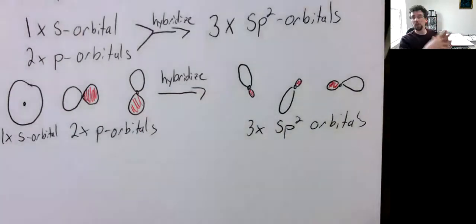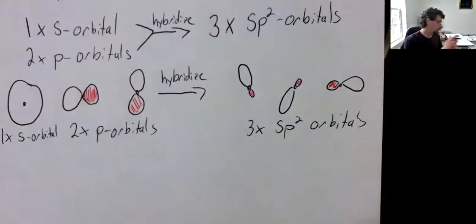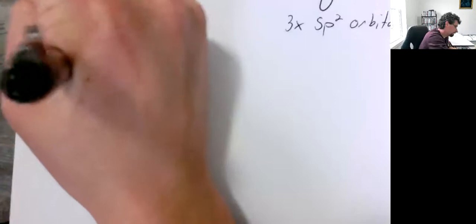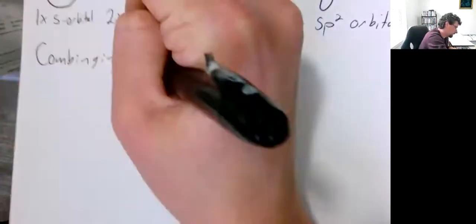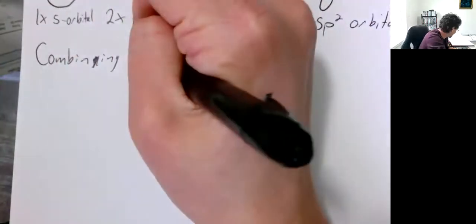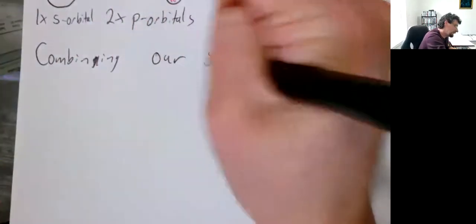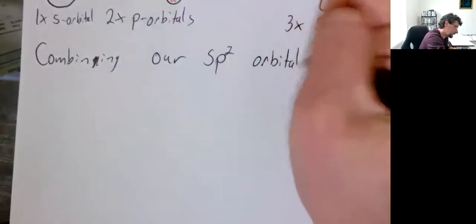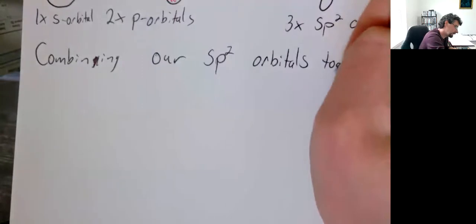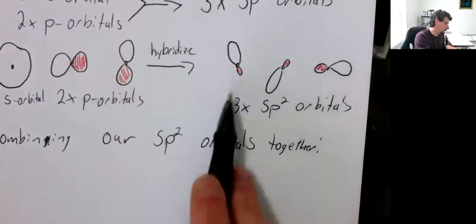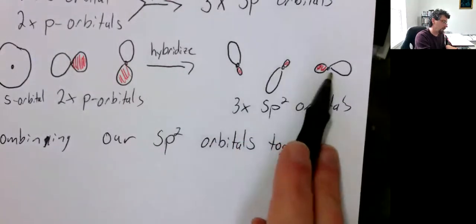Now let's combine all those sp2 orbitals together and let's see what we get. So combining, which I just totally butchered, combining our sp2 orbitals. So let's smash those together. So we're going to mix all these guys together, starting at the same point.